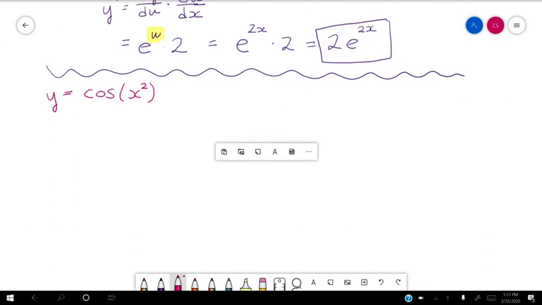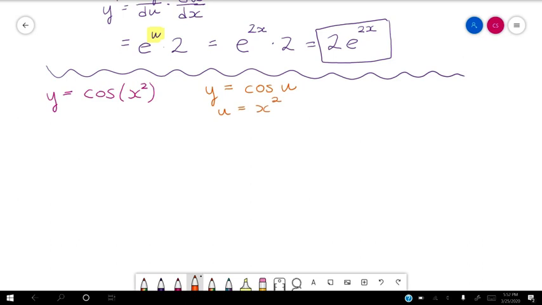Okay, so again, we have to realize that this is a composite function, right? And we see that we have our outside function cosine and the inside function is x squared. Okay, so let's write everything in terms of u. So we can think of this as cosine of u, where u is x squared.